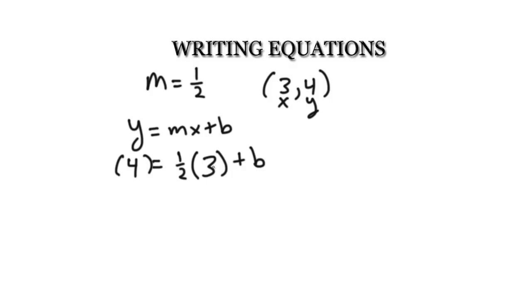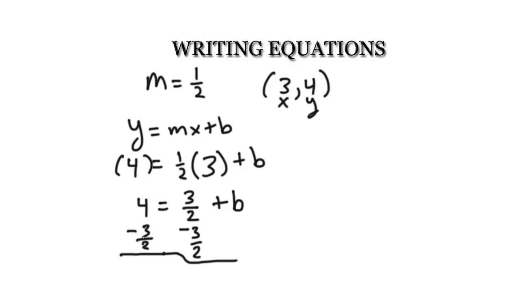Okay, so let's multiply this out. We're going to get 3 times 1/2 is 3/2. Okay, and the 4 goes there, and then plus the b. Alright, so now to get b by itself, we have to minus 3/2 to both sides. Okay, minus 3/2 here. Alright. So let's do this out. 4 minus 3/2.